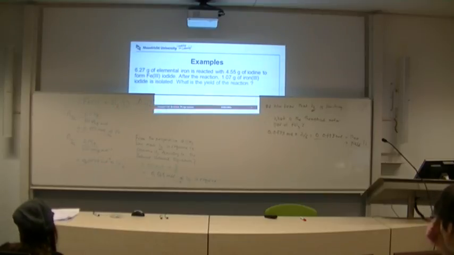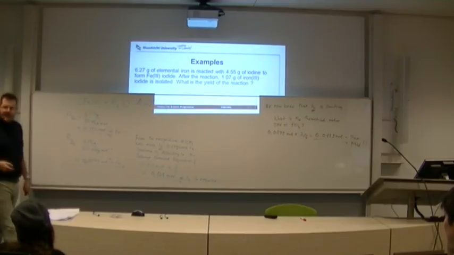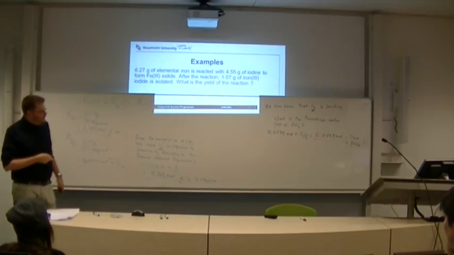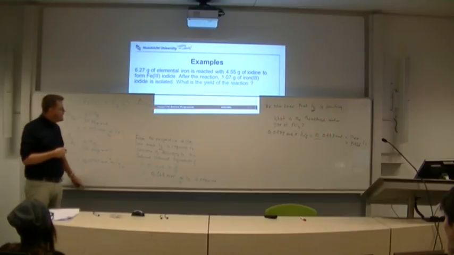The maximum amount of iron iodide is going to be this number of moles times 2 over 3, in other words, the stoichiometric ratio of iron iodide to the limiting reagent iodine. Does everyone follow that?